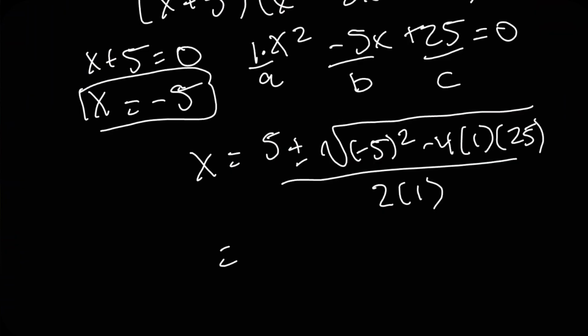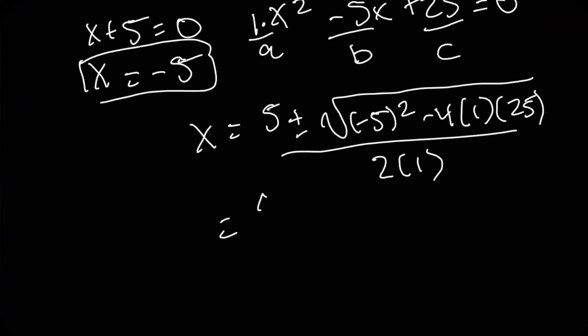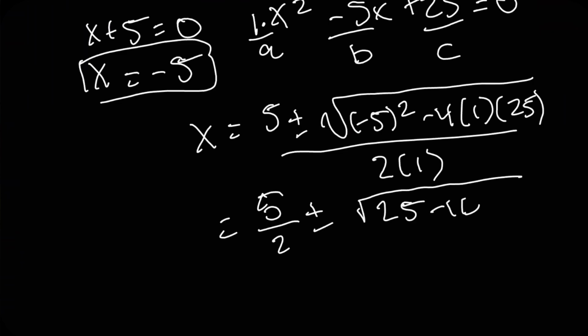And simplifying this, we are left with 5 divided by 2 plus or minus the square root of 25 minus 100, all divided by 2.